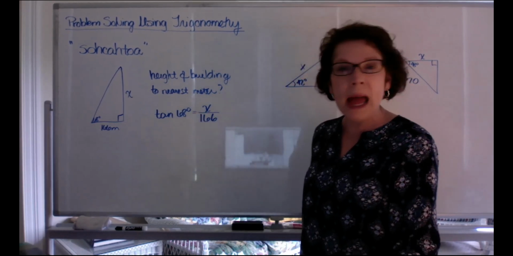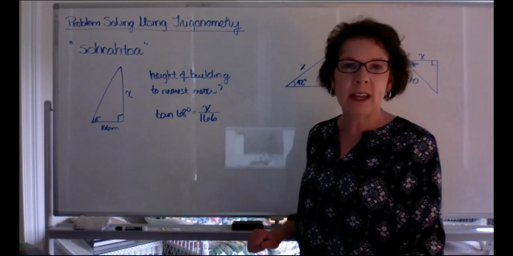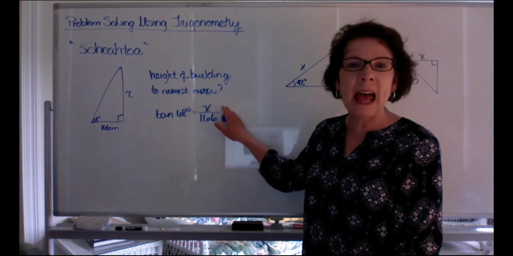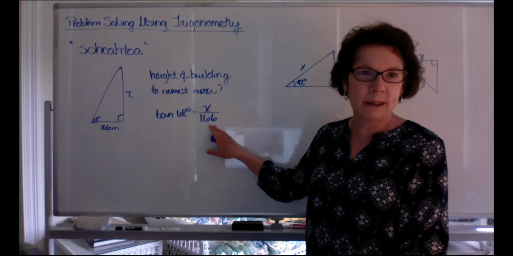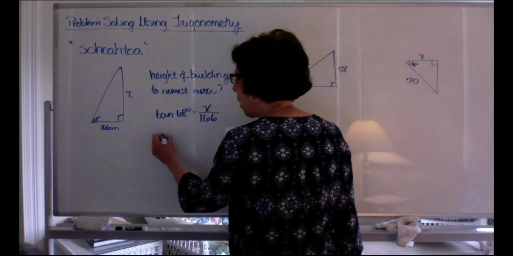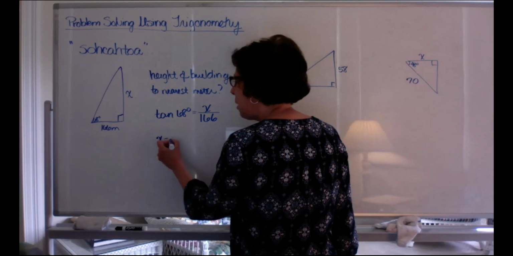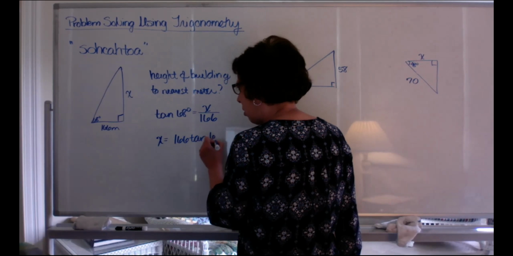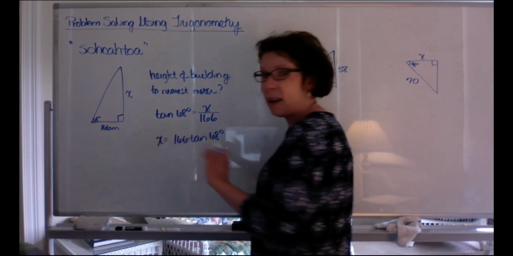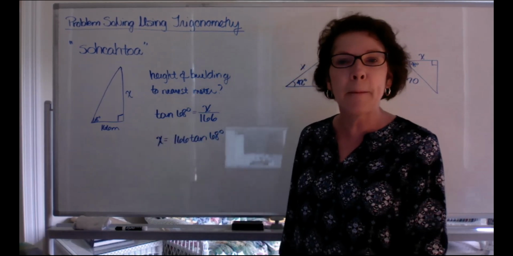So I have a simple equation here. How do I isolate x? I isolate x by multiplying both sides by 166. So I'm going to get x is equal to 166 times the tangent of 68 degrees. Put 166 before the tangent of your angle when you are writing this and when you're entering it into your calculator.